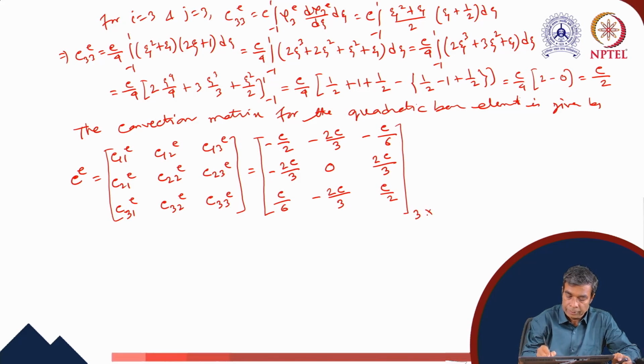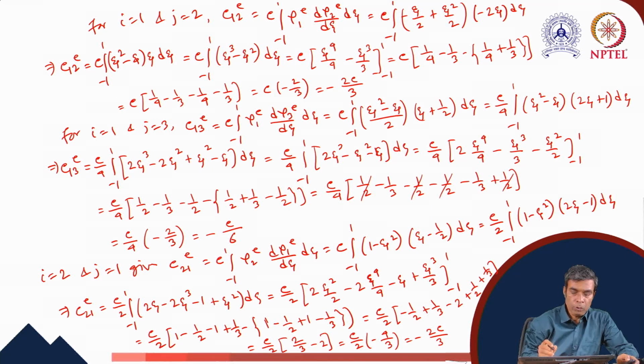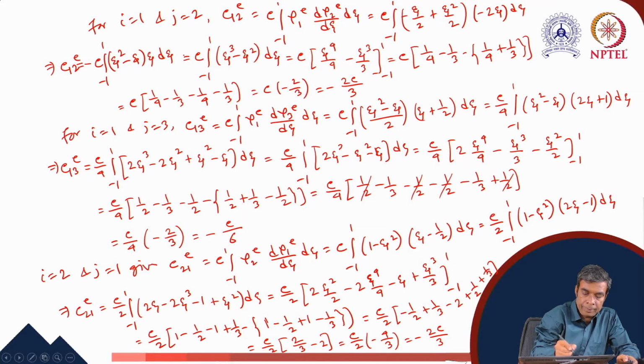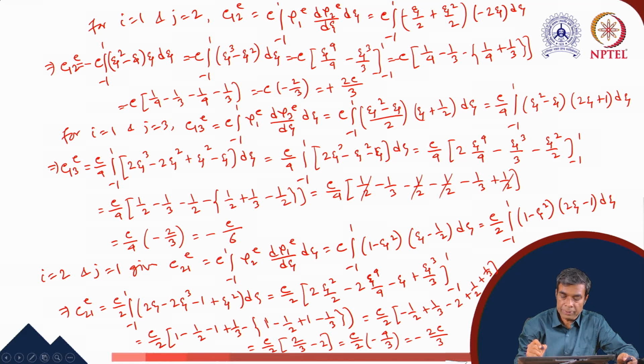So this is a 3 by 3 matrix. C12E here, this should be minus C, minus C, minus C, minus C, minus C, minus C, and ultimately it is plus 2C by 3.